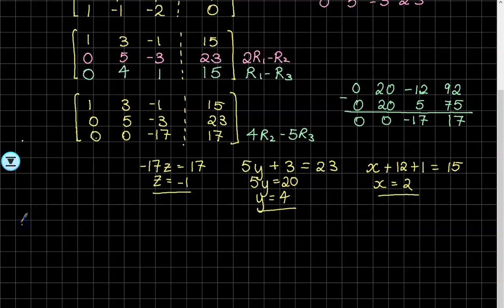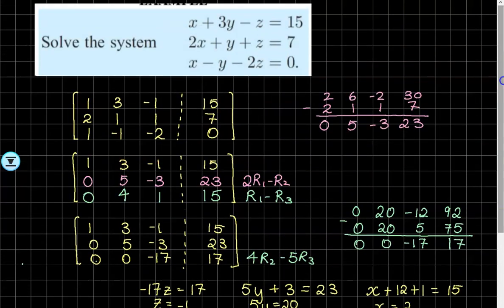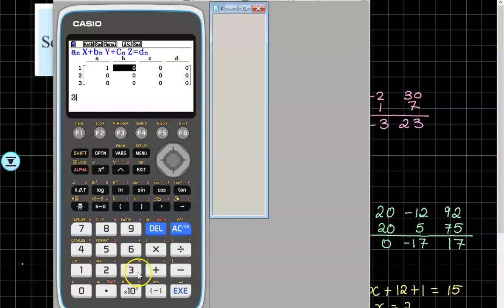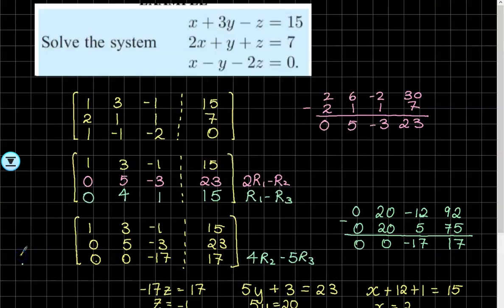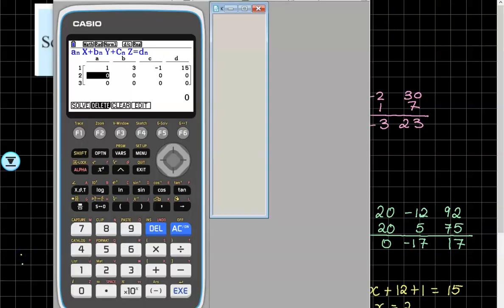And I can put in 1, 3, minus 1, 15. 2, 1, 1, 7. Pop those in, we go solve. And we get our answers. So you've got that there to help. It'll also come up as, I think it says error or no solution for the other one we did.